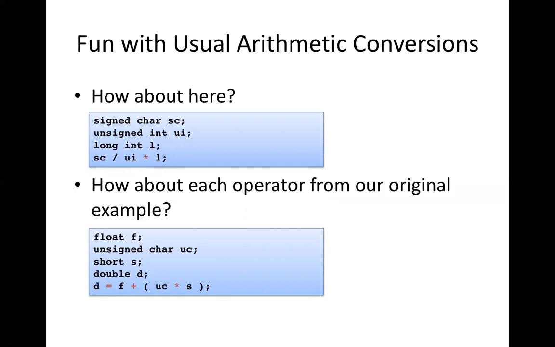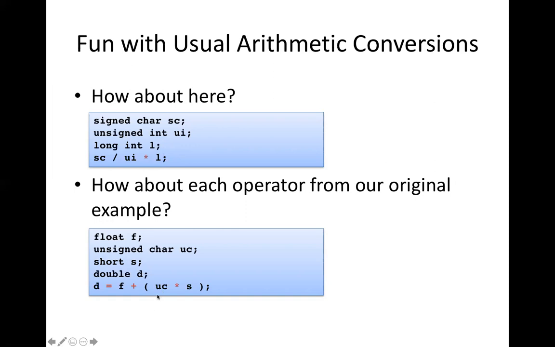It's going to convert that to an unsigned int before it does the divide. So now on the left, you've got an unsigned int. On the right, you've got a long int. Long is big enough to hold everything an unsigned int can hold. So it's going to convert the left-hand operand to long before it does this multiply. So the answer for this one is long.